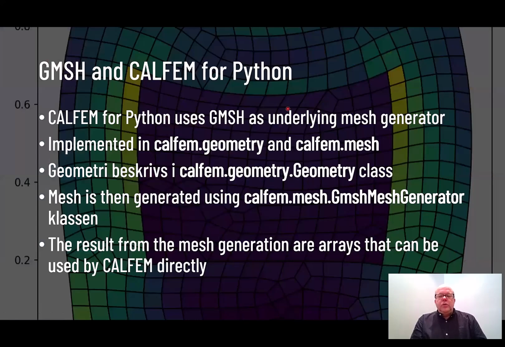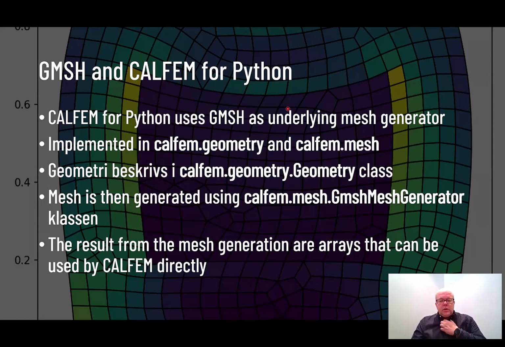As I said, CalFEM uses the Gmsh underlying mesh generator, and it's implemented in the calfem.geometry module and the calfem.mesh module. The geometry module is where you create your geometry object, and you add your geometry to that object, and then you pass that along to the mesh generator, and it takes that object and generates the normal Ex, Ey, Edof, and so on, those variables that you need to be able to assemble your finite element model.